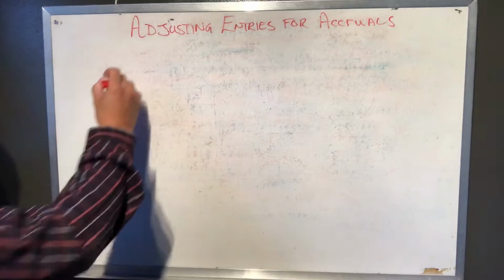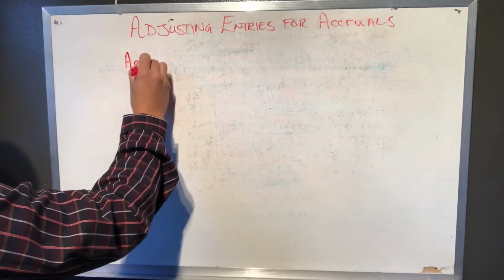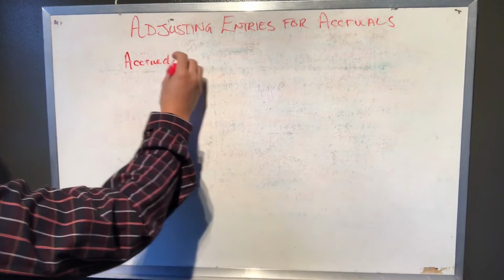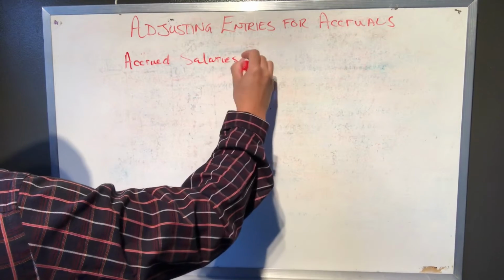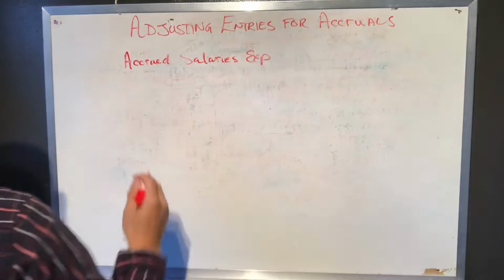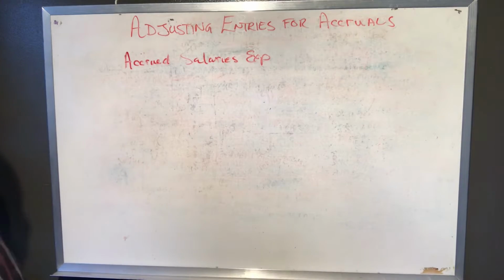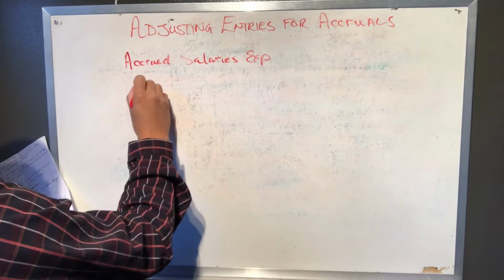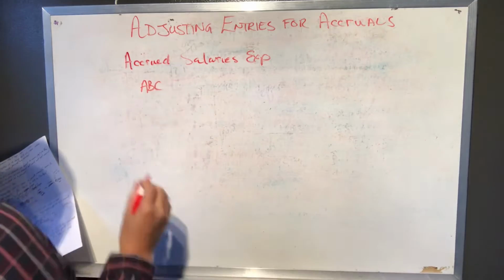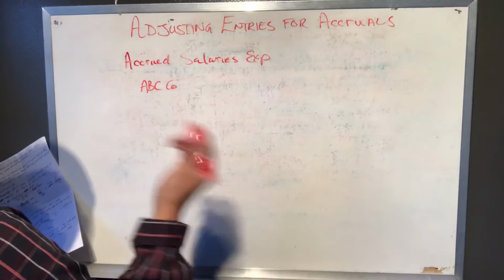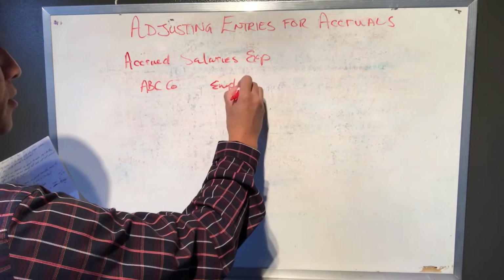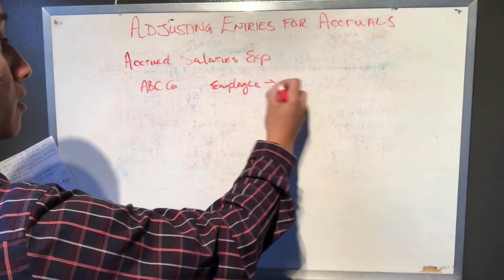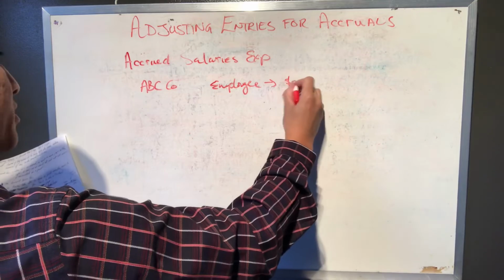Let's go through an example of an accrued salaries expense. So let's say that ABC company has only one employee, and that employee earns $70 a day.